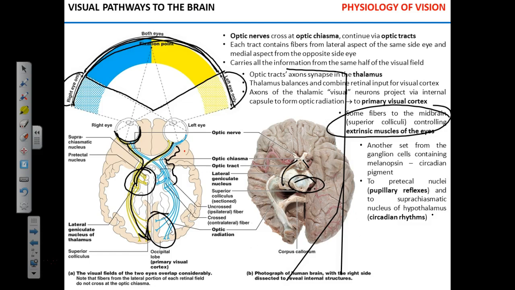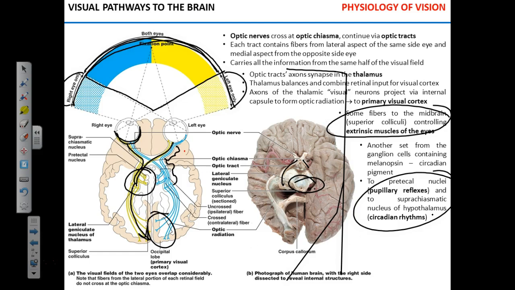And another important input: the hypothalamus. Pupillary reflexes, constriction and dilation of the pupil in response to light, and circadian rhythms. I don't remember if we talked about circadian rhythms. Well, here's the point. Light is an important regulator of your sleep-wake cycle. Okay, period.